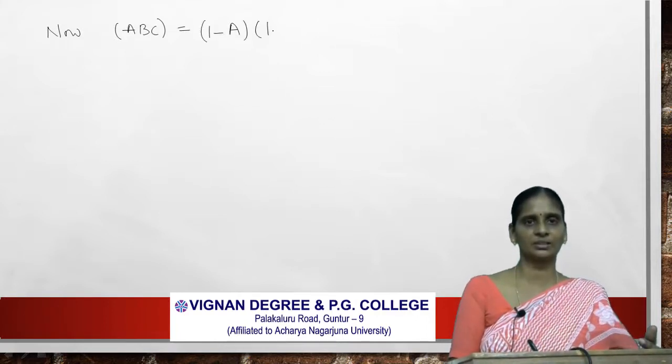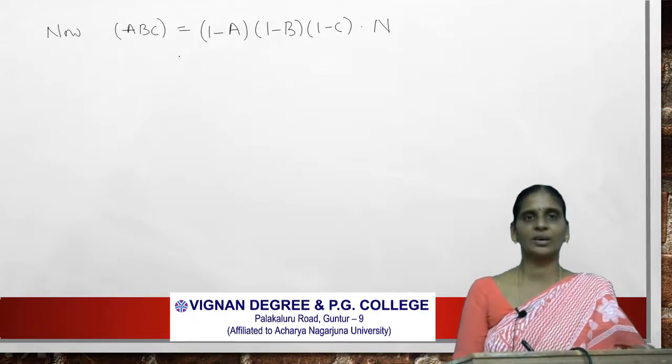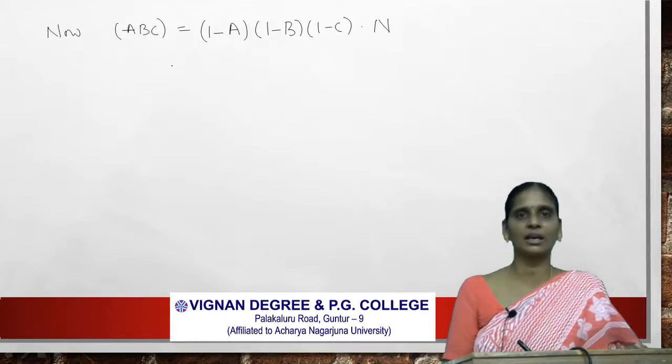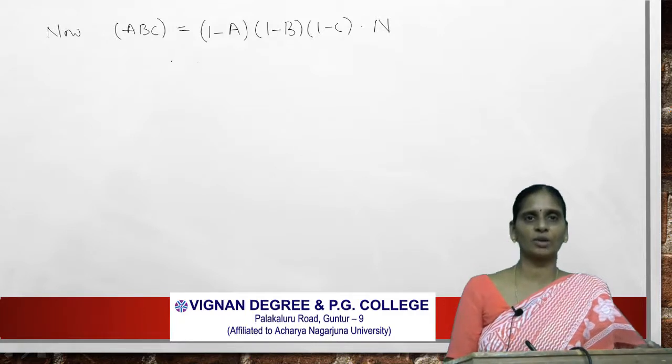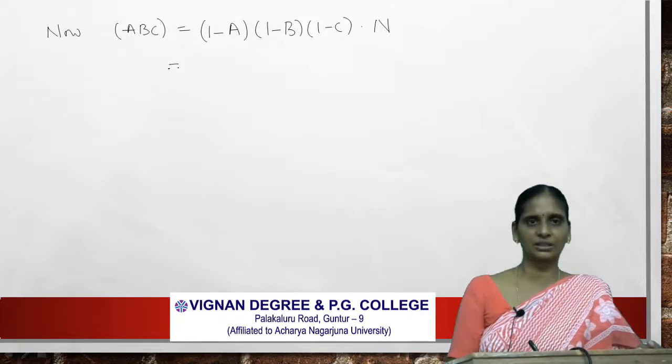Now frequency of ABC is equal to 1 minus a into 1 minus b into 1 minus c into n.